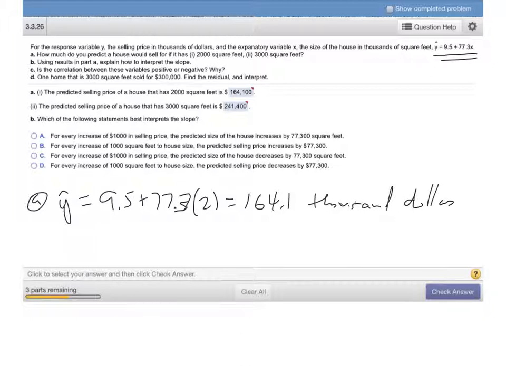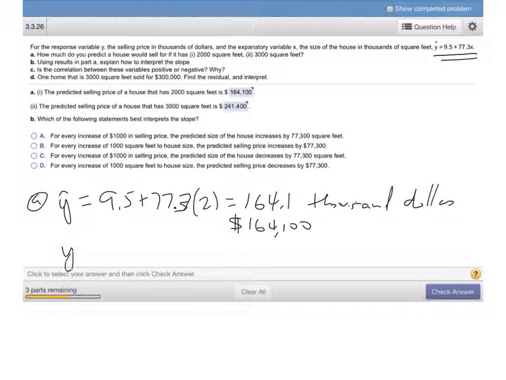So in the answer, they want us to put it in actual dollars, not in thousands of dollars. And so we have to move the decimal place so that it says $164,000. So basically, we're moving the decimal place 3 places to indicate that it's thousands of dollars. So that's where they get the answer for 1.